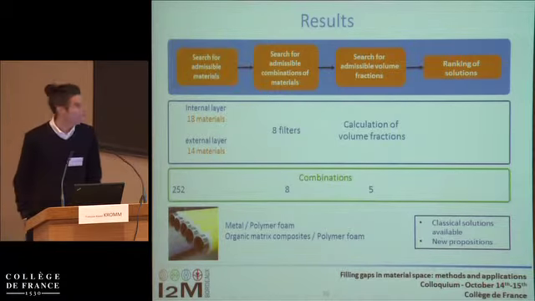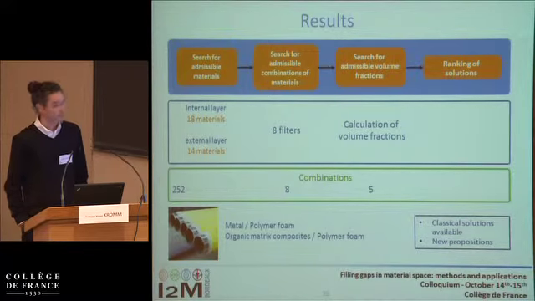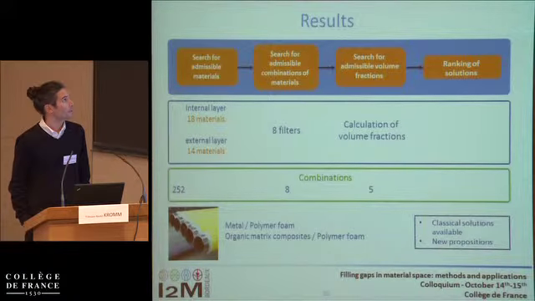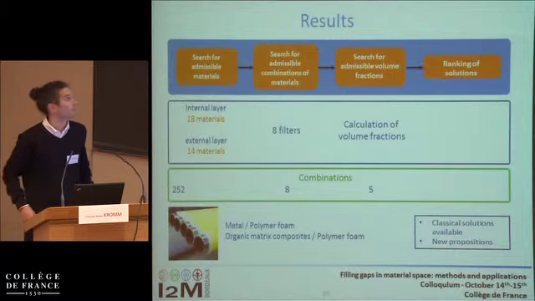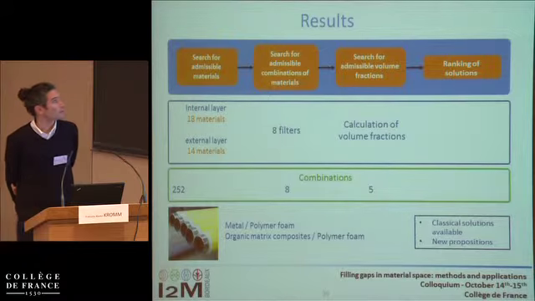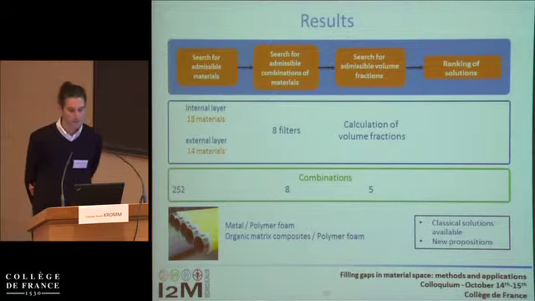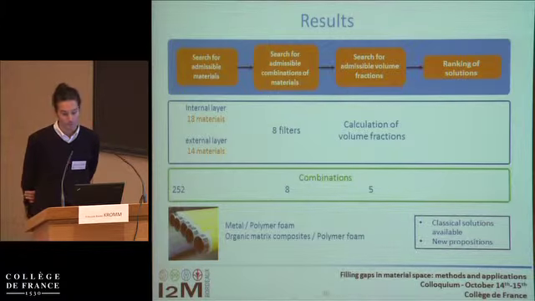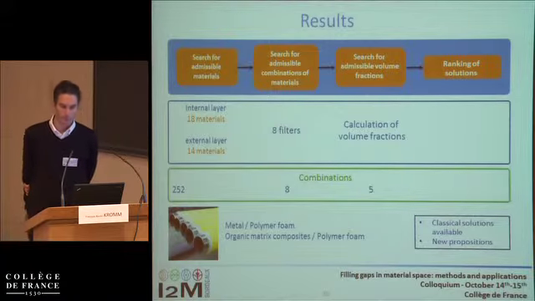The application of the method shows that first, applying the first two groups of constraints, the number of materials, which was 62 for each layer, is now only 18 for the internal layer and 14 for the external layer, which remains in 252 combinations.